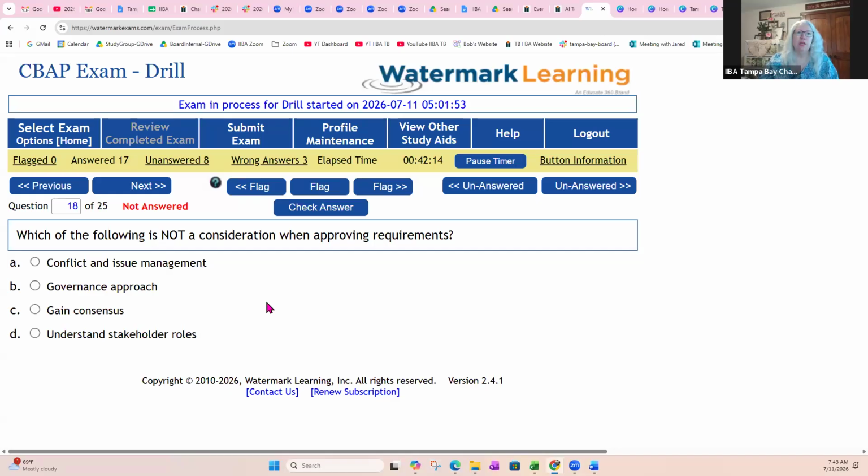Which one of the following is not a consideration for when approving requirements? Is it conflict and issue management, governance approach, gain consensus, or understand stakeholder roles? So we're in the approving requirements stage here.